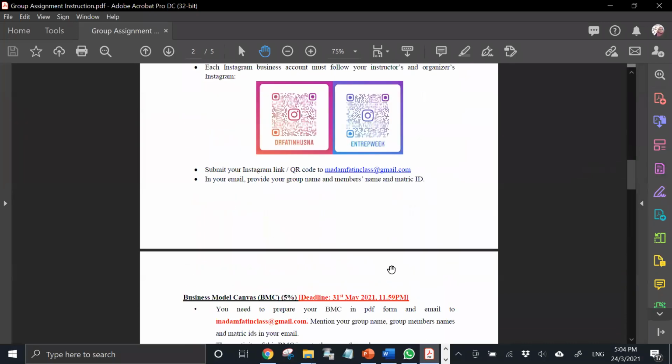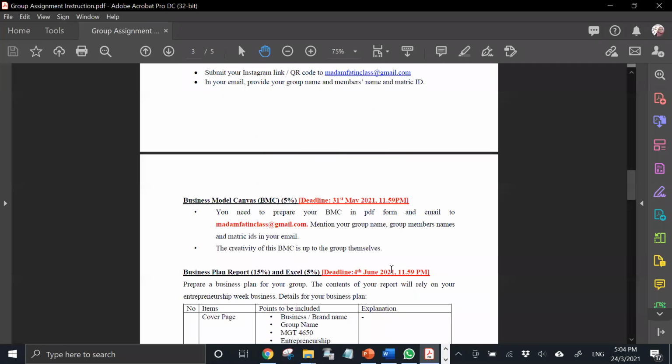This one is 5%. But with regards to your final assessment, it's actually 30% on BMC and some of the other things connected to the BMC.